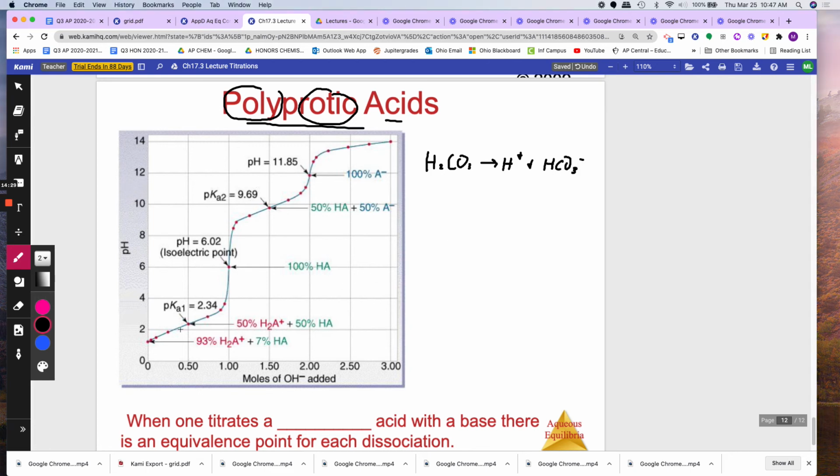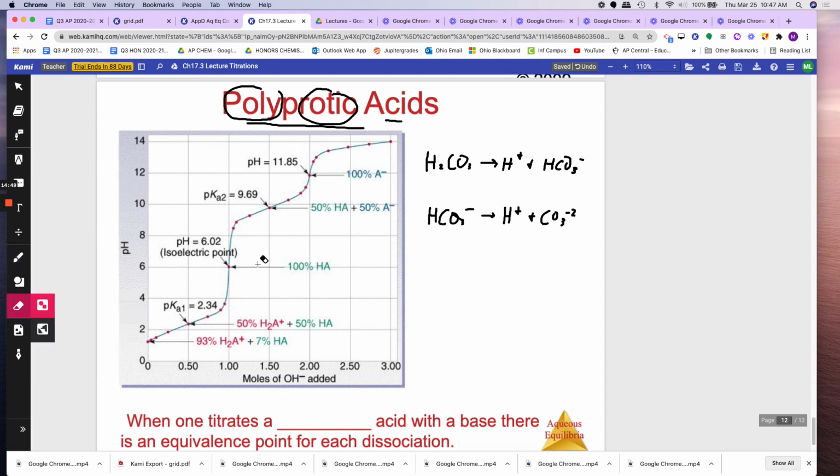Then the HCO3 minus will dissociate again to give CO3 2 minus. So you have 2 protons, so that's why this pH curve has 2 curves.